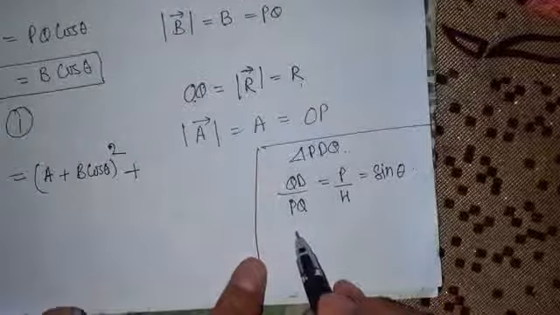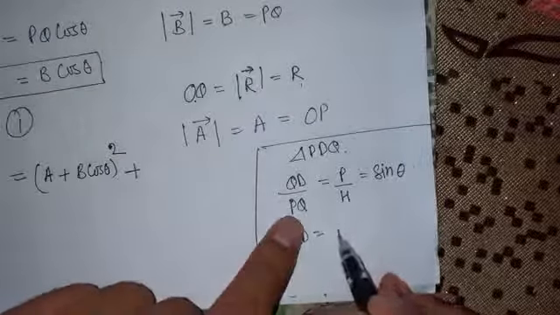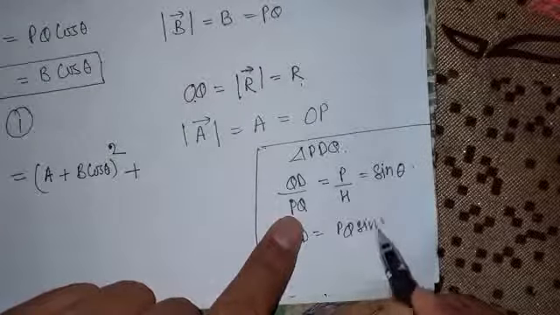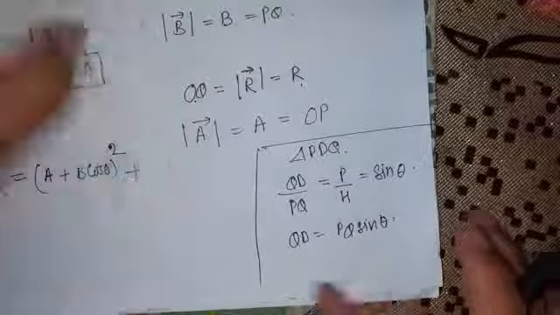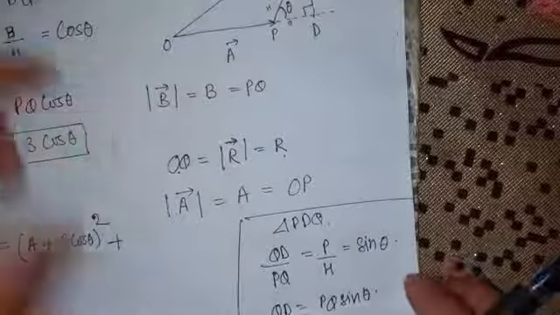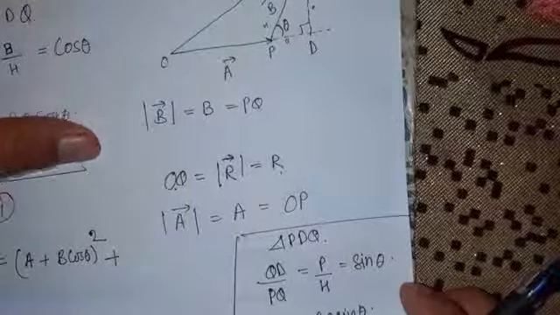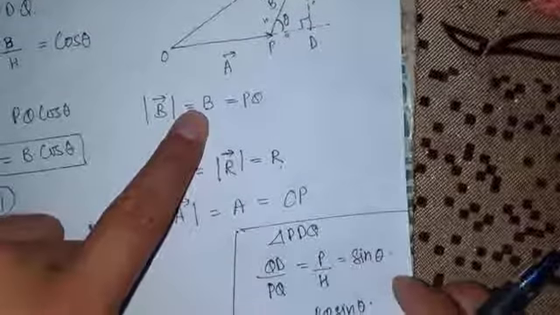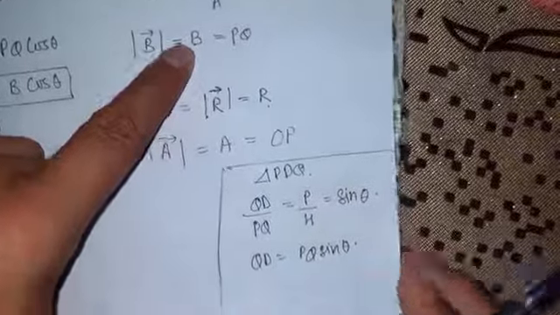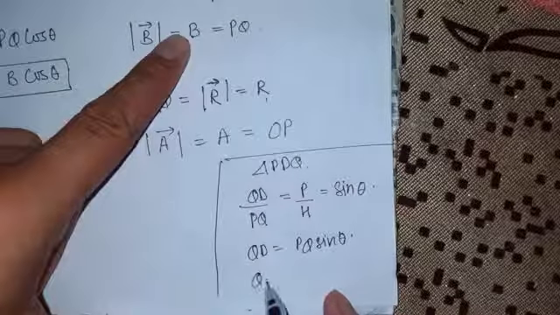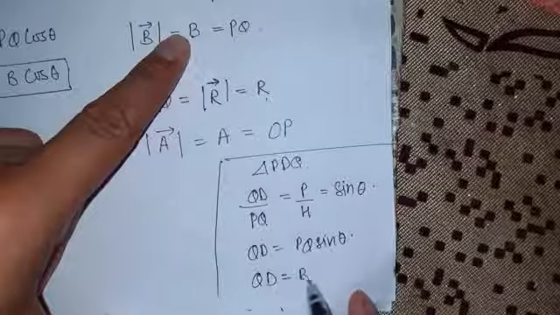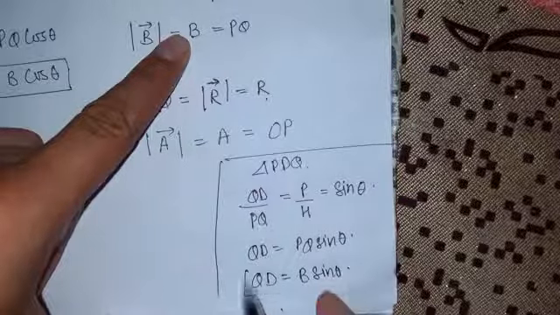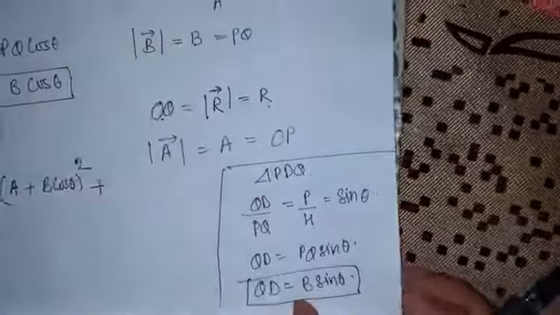So QD is equal to PQ sin theta. PQ is equal to B, the strength of vector B. So QD is equal to B sin theta.